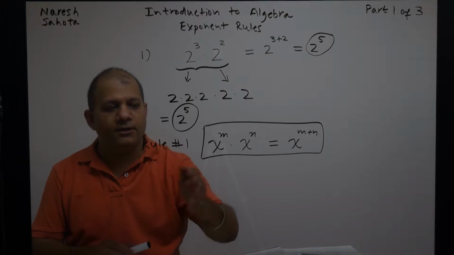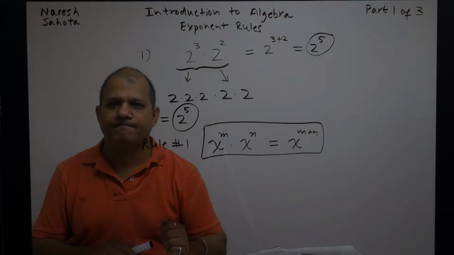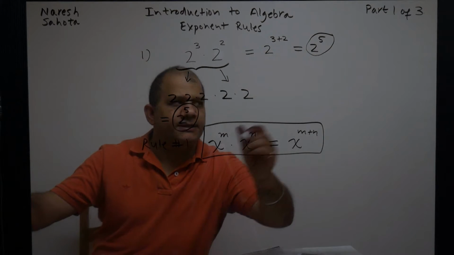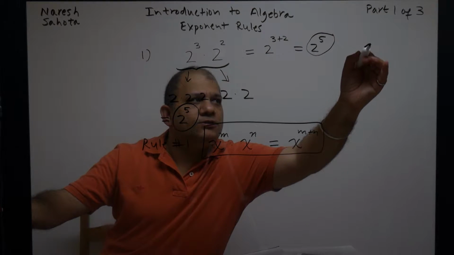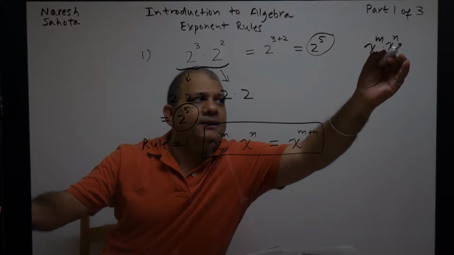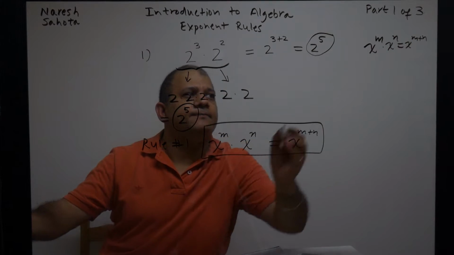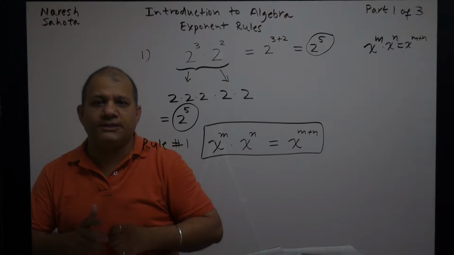So the rule number 1, when we multiply with same bases, we add the exponents. Okay. So I'm going to write this rule on the side here. So we have x to the m times x to the n. This equals x to the m plus n. So that's a rule.